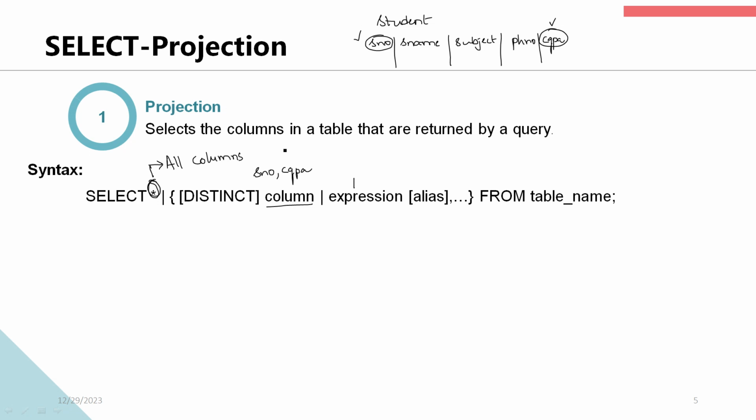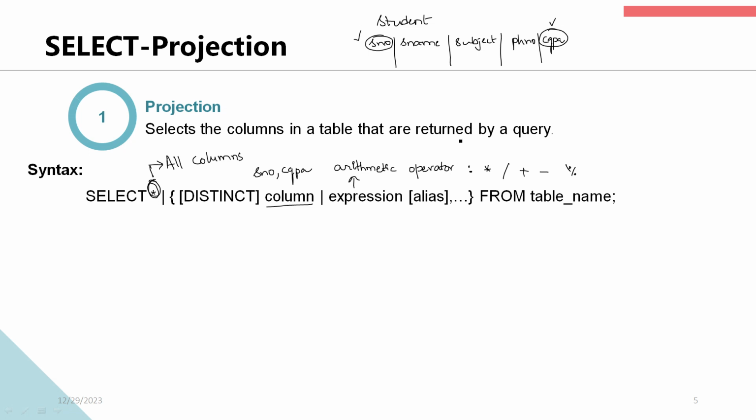And the third one, you can make use of expressions. So here in the SQL select statement, only arithmetic expressions are allowed, which means that the expression will involve an arithmetic operator. Here in SQL, the arithmetic operators we have are multiplication, represented by star, division by slash, addition plus, and subtraction minus.